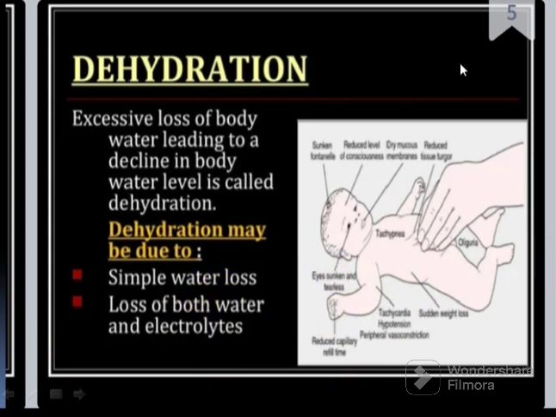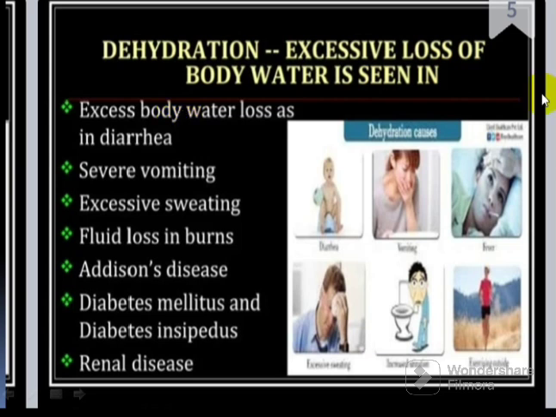Excessive body water loss can occur in diarrhea, severe vomiting, sweating, fluid loss in bones, Addison's disease, diabetes mellitus, and diabetes insipidus. Also, we have renal diseases. These things can cause the body cells and tissues to be dehydrated. You'll get to know all of that as you proceed.